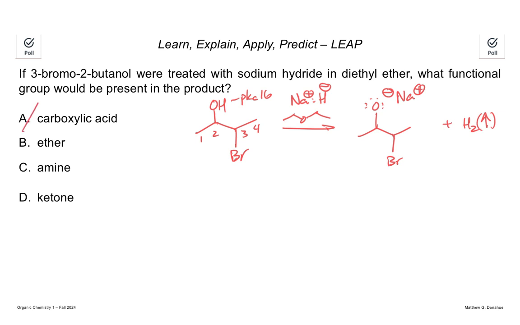So we can eliminate that. The bonding pattern for an ether is carbon, oxygen, carbon. There's no nitrogens in there, so we can eliminate amine. And then there's really no carbonyl at all. We already eliminated A, that has a carbonyl. So it's got to be an ether.